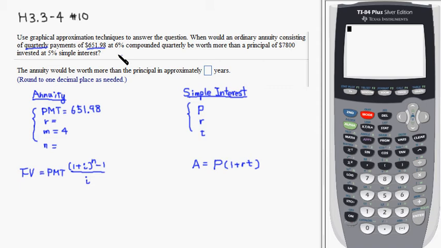And it says 6%, so R is the annual nominal rate, 0.06 is the annual rate, and compounded quarterly, so M equals 4.